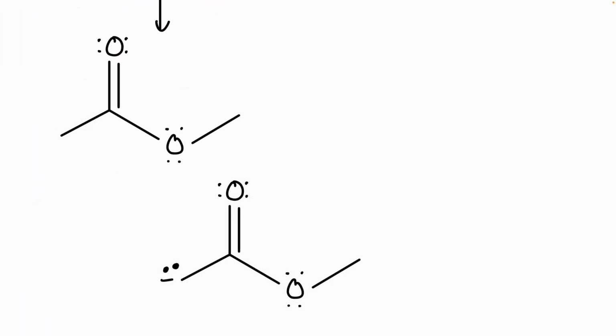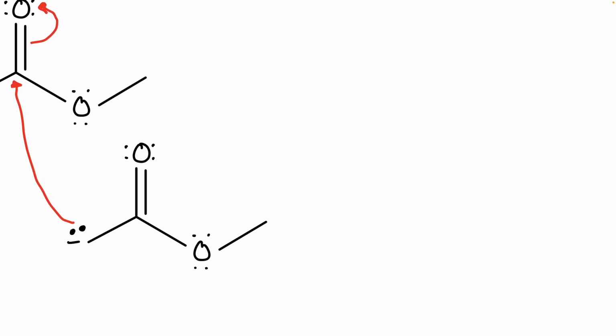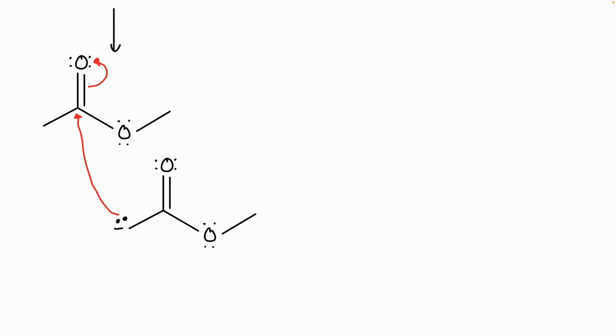All right, so now we're going to have our nucleophilic attack. My nucleophilic pair of electrons is going to attack that electrophilic carbonyl carbon. As always, that kicks that pair of electrons up to create that tetrahedral intermediate.